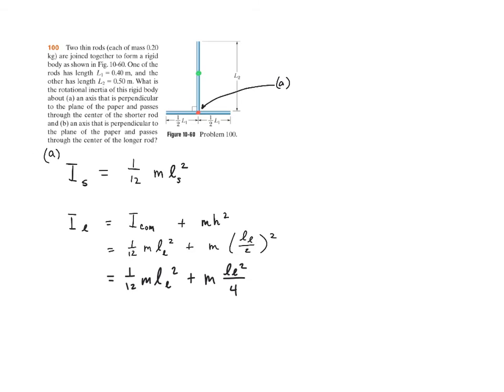Now, 1/12 plus 1/4: a fourth, in terms of twelfths, is 3/12. So 3/12 plus 1/12 gives us 4/12, and 4/12 is really 1/3.